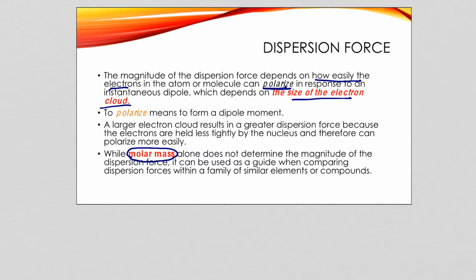And again, the idea is that bigger electron clouds result in greater dispersion forces because they're easier to polarize, because those electrons are further away and easier to move around. So the basic idea that we're going to use is as molar mass gets higher, we get more dispersion forces, or stronger dispersion forces.